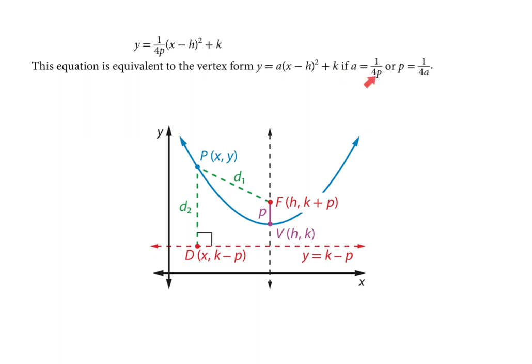So a is going to equal 1 over 4p, and if you need to solve for p, you would just solve it like a literal equation, and it comes out to be p equals 1 over 4a as well. So a equals 1 over 4p and p equals 1 over 4a. Those are things you're going to want to remember as we go forward, because there are going to be times when you want to know that p value, and you've been given maybe a.